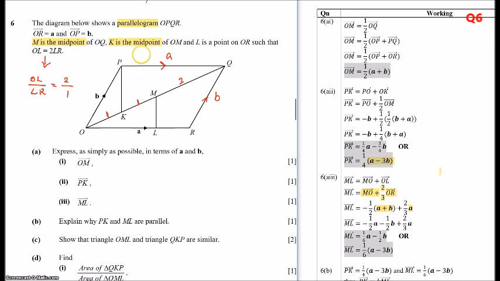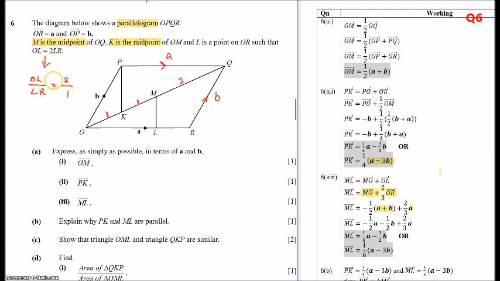Okay, so next, continue. I'm here. So OL equal to 2LR. I realized that it's pretty difficult to read like this. So what I usually do is I divide the LR over, so all the so-called letters are on one side. Once I get here, I divide, it becomes OL over LR, and then on the right side becomes 2 over 1.